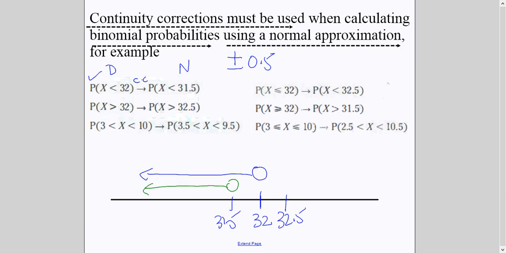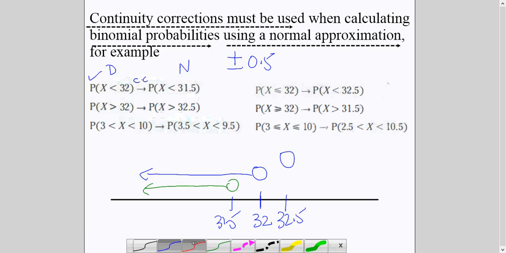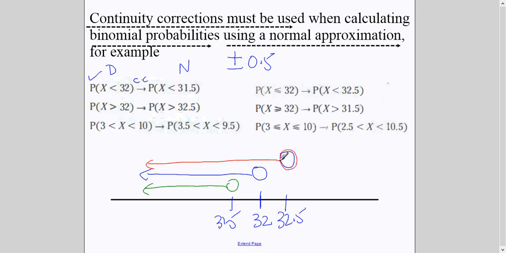And if I'm talking about 32.5, it means from here. Sorry, let me change the color. Now you can see, if you take the values on the left hand side from here, 32 will become part of it. And we don't want to include 32 because the equal to sign is not here. Whereas if I go from here to the left, 32 will not be included. So that's why it is 31.5.